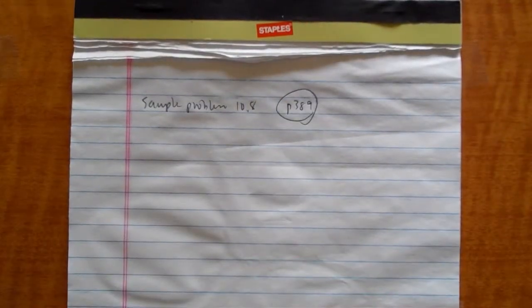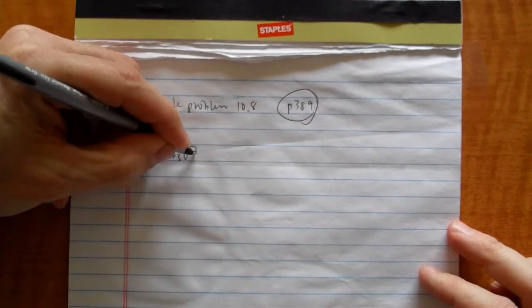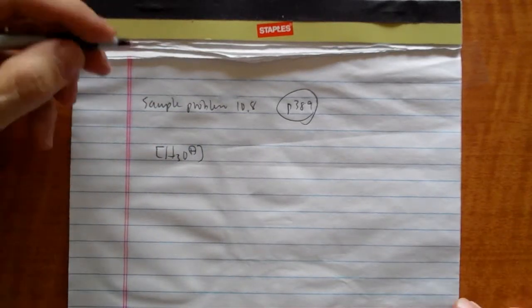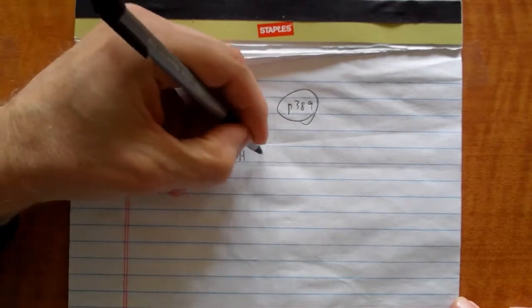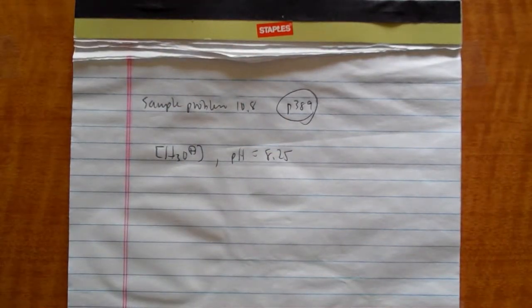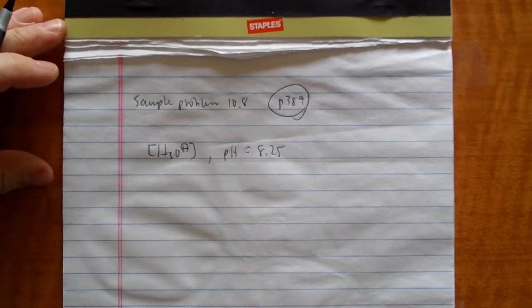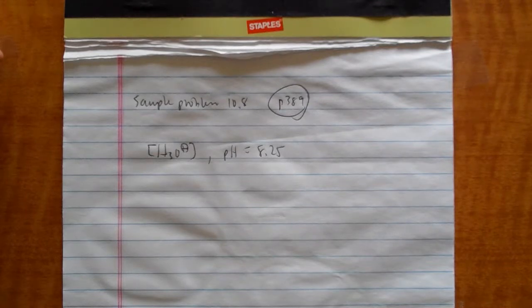Okay? So we're looking for the hydronium ion concentration if the pH is 8.25. Let me first of all do this the way I've done this a ton of times. First, I'm going to do this with the formula.